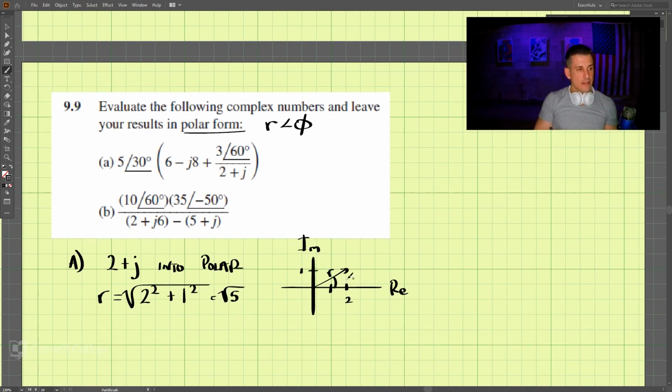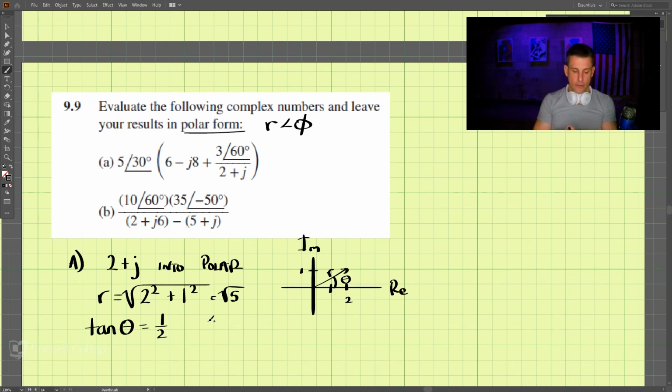Now to find this angle, and we'll call this angle theta here, we know that the tangent of theta is equal to the height 1 divided by 2. Opposite over adjacent, 1 divided by 2.